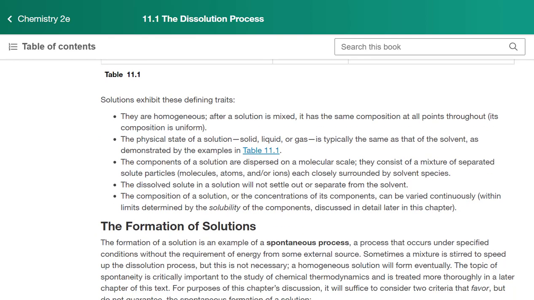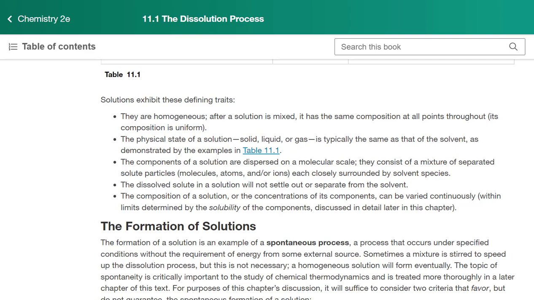So just to summarize some of the traits that are present in any solution, they are homogeneous. They have the same composition throughout the solution. So you don't have chunks in one part that are different than chunks in another part. The physical state of the solution is the same throughout.